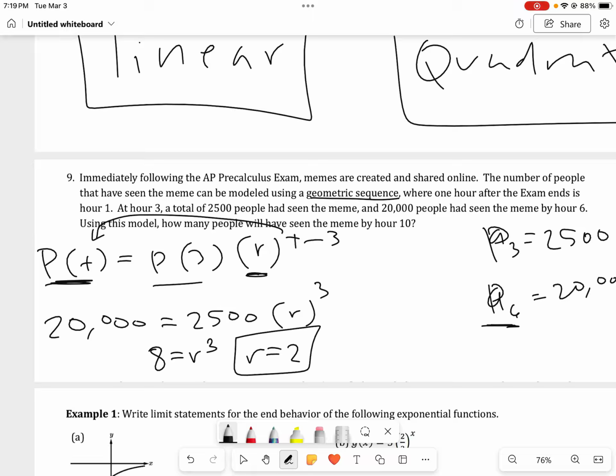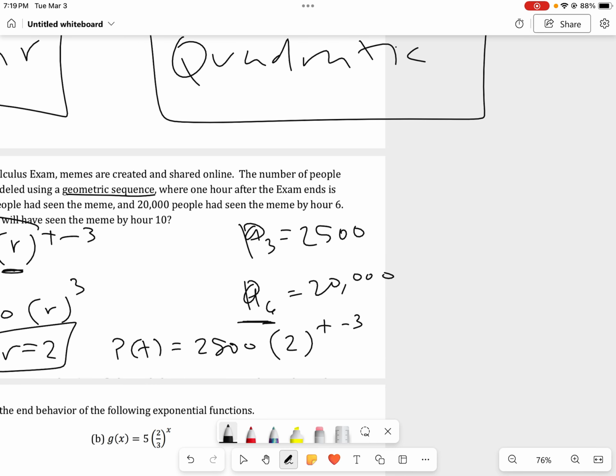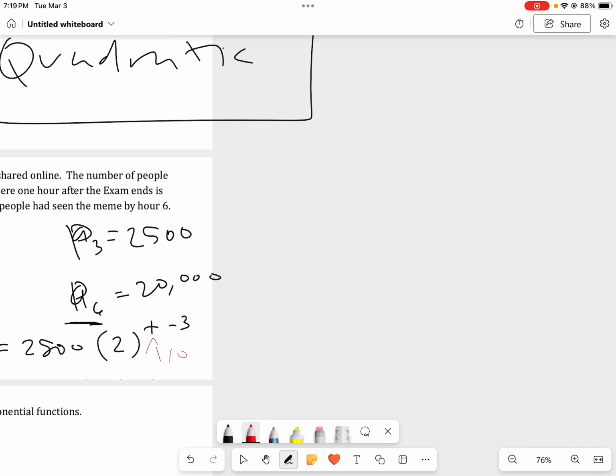So we find that, and it's asking how many people are listening by hour 10. So now we have the original equation. We have P of T equals P of 3, which we'll use 2,500, times R, which we know is 2, and then T minus, that's our third term. So now it asks hour 10. So T right here is going to be 10. So we're going to plug 10 in there and here. So you just plug in the values.